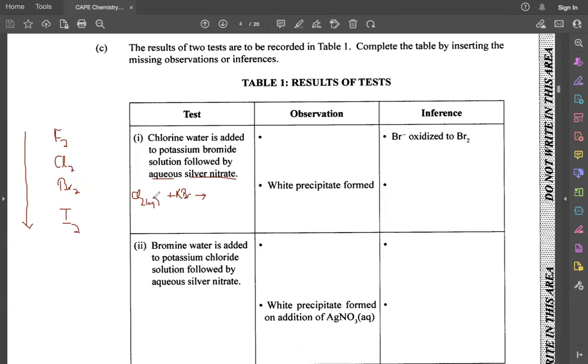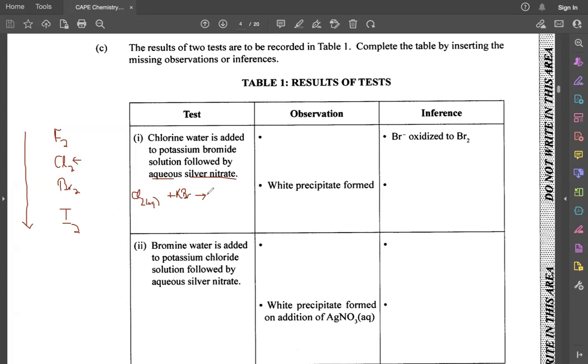So in this particular case, the halogen that we're looking at is chlorine. And we want to know if chlorine is going to be able to displace this bromide ion. And in fact, it will be able to do that because chlorine is above bromine in group 7. And so it's more reactive, and so it will displace those bromide ions.